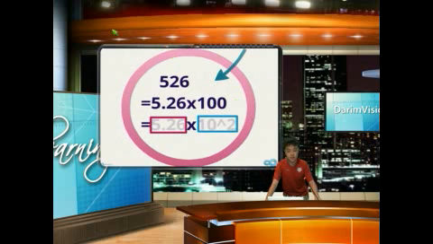So here's some examples. 526 in scientific notation is 5.26 times 100, which equals 5.26 times 10 to the 2nd power. How do I find this out? First of all, 526 is way higher than 10, which means you must divide by 100, which equals 5.26, times 100.